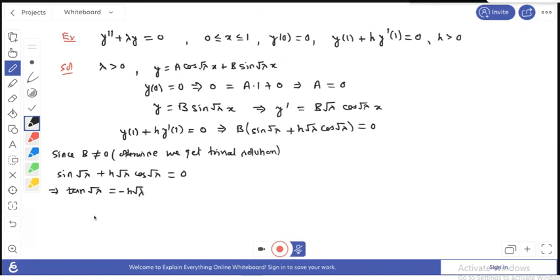Suppose we take root lambda as a variable alpha, and suppose the variable xi equals minus h, and root lambda is alpha.